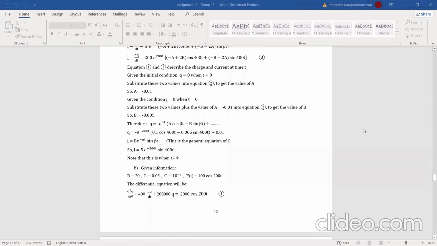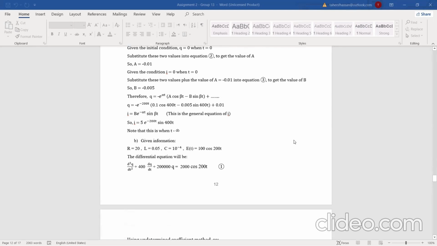Therefore, Q equals negative e to the power negative 200t (0.01 cosine 400t plus 0.005 sine 400t) plus 0.01, and I equals 5e to the power negative 200t sine 400t, and this is the general equation of I. Note that this is when t approaches infinity.